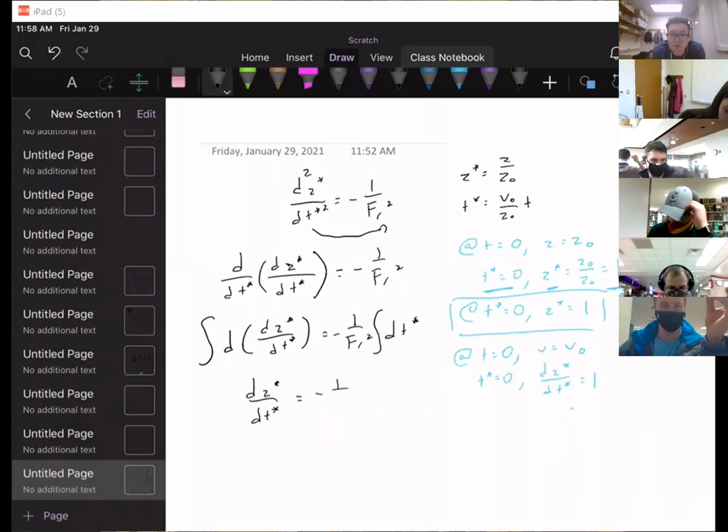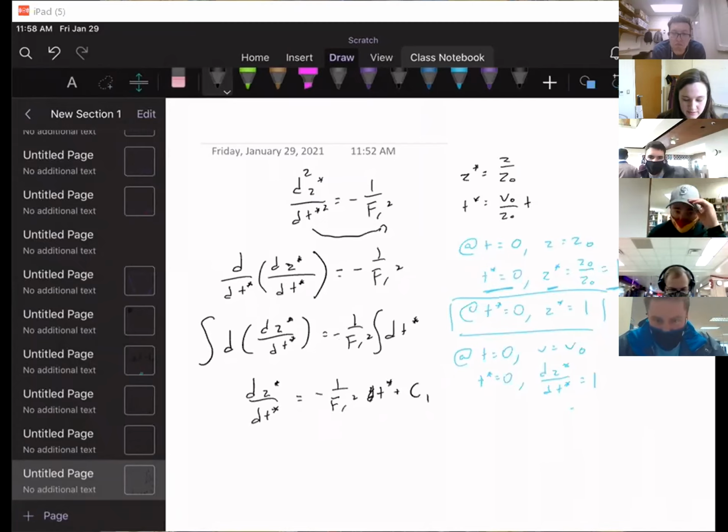That equals -1 over Froude number squared times t star plus c1. And I know that at t star equal to 0, dz star dt star is equal to 1. So that means that c1 is equal to 1.